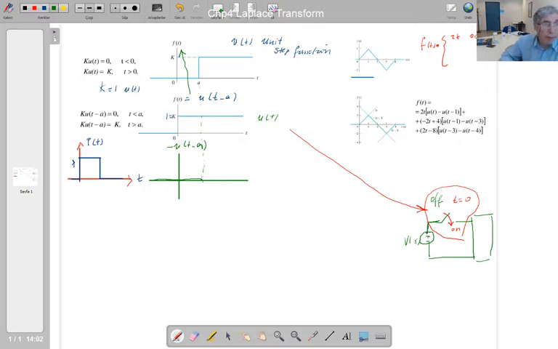And then, let's make it yellow. It's going to be like this, isn't it? Maybe not seen properly, so I'll make it a different color. Make it blue. So this function here is minus u(t minus a).